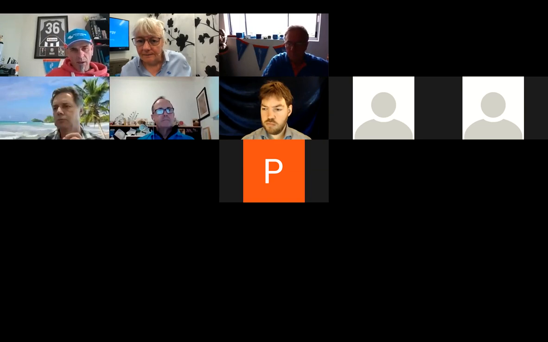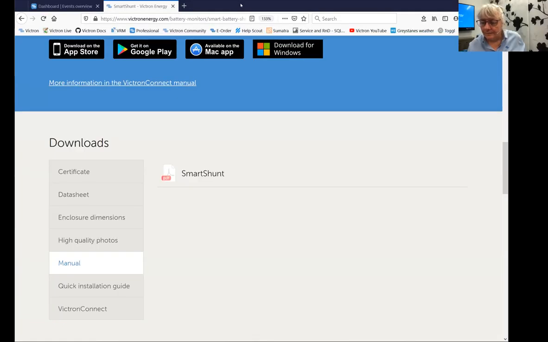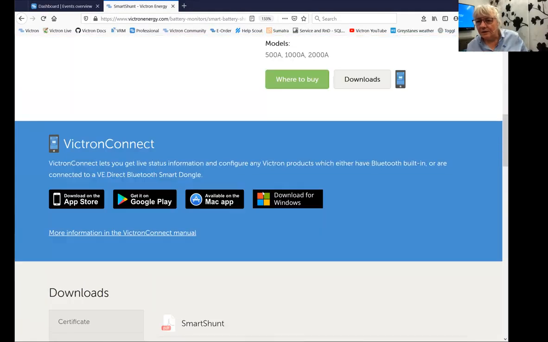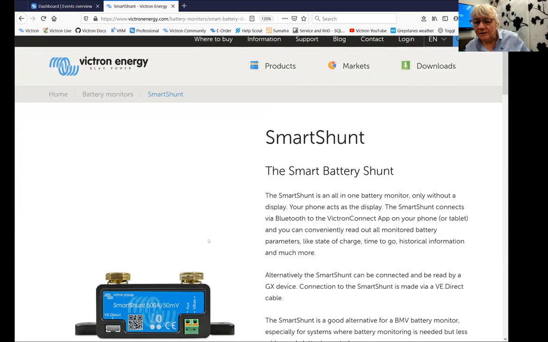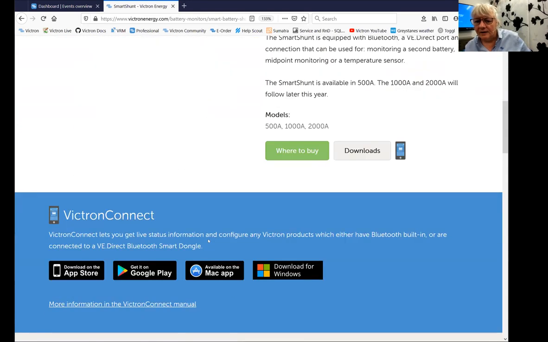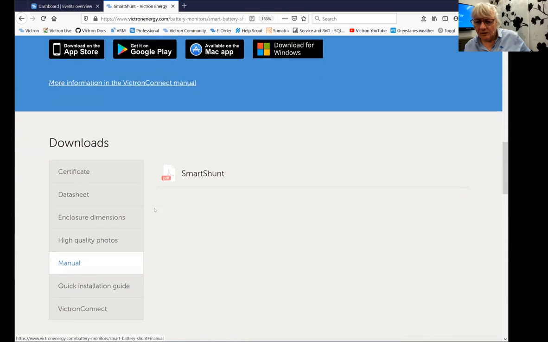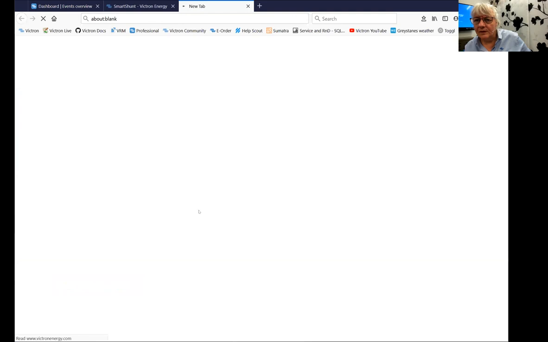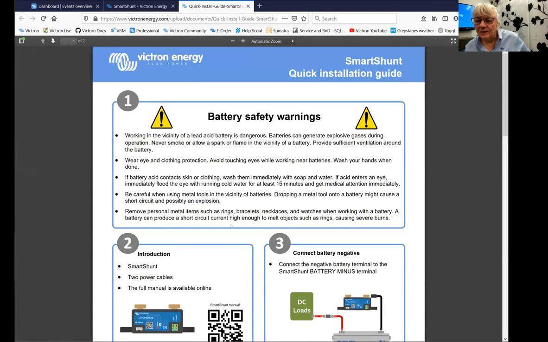So this is the smart shunt product page. You have two documents now. You have the manual, but you also have the quick installation guide. What now ships with the smart shunt is just this.